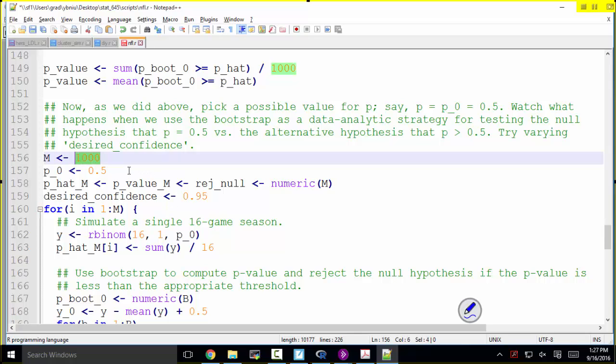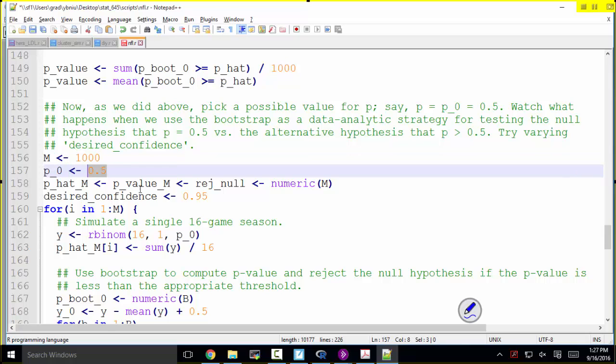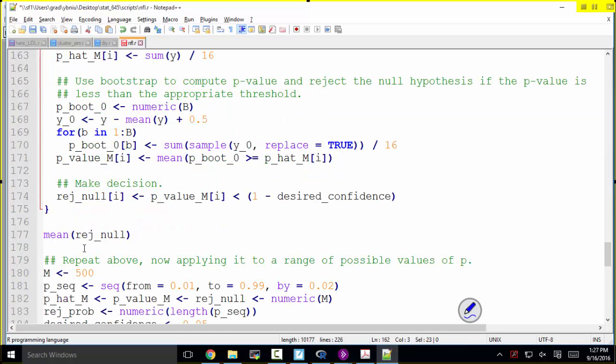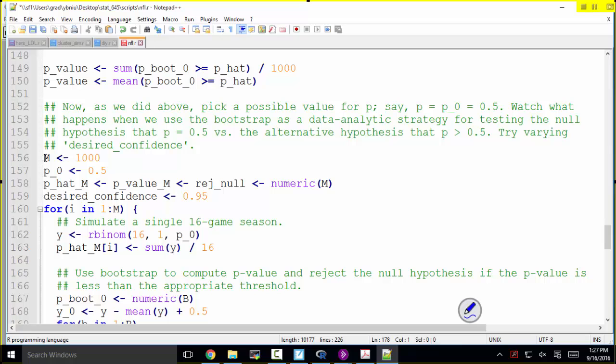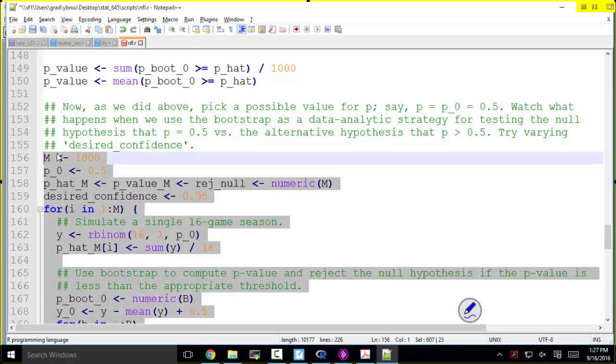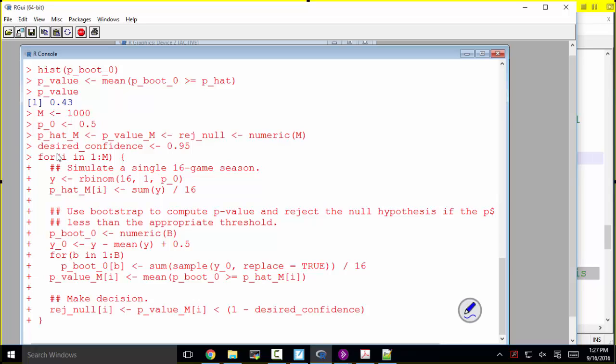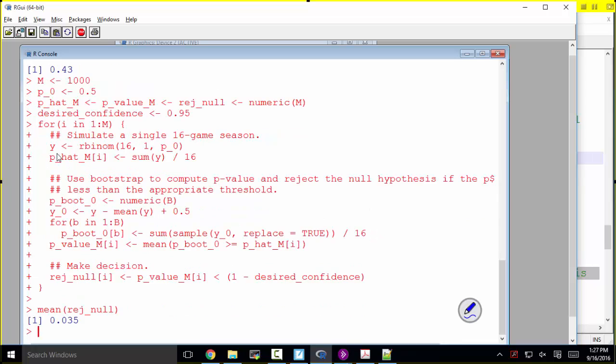And every time we do this, p is equal to 0.5. The null hypothesis is true. If you do a hypothesis test at significance level 0.05, what you're doing is you're saying, I'm guarding myself against making a particular type of error, a type 1 error.